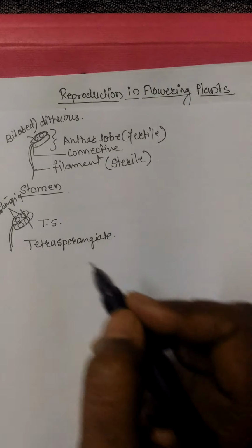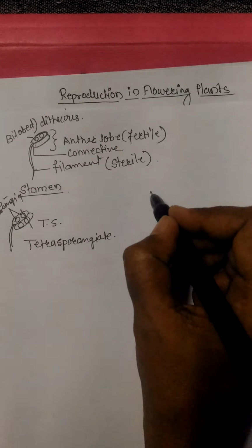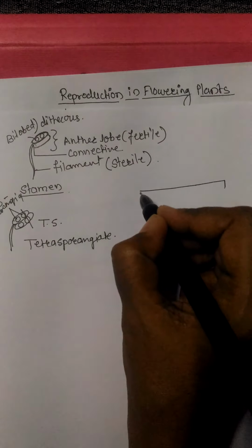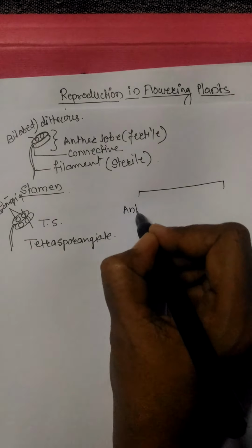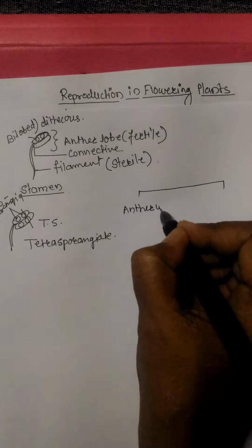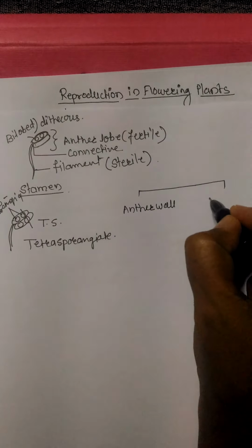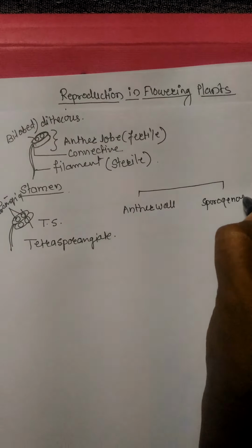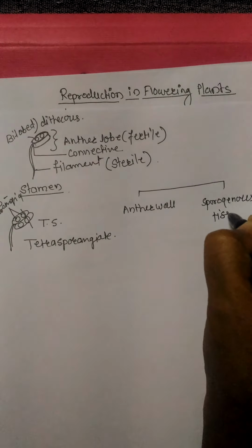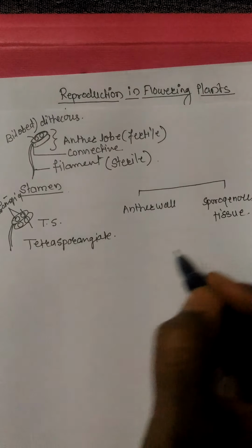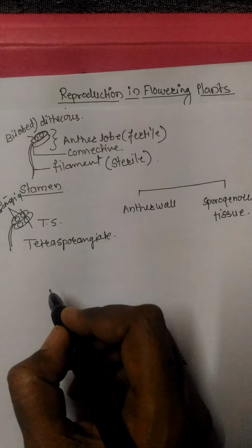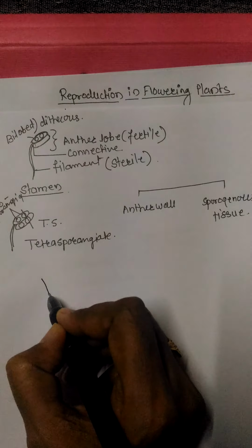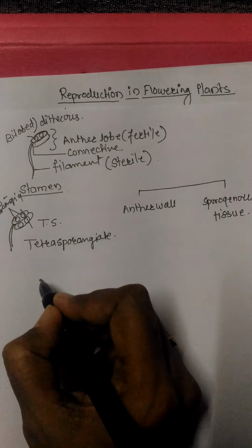Internally, the anther consists of two types, that is anther wall and second is sporogenous tissue. We discuss the structure of anther in detail.